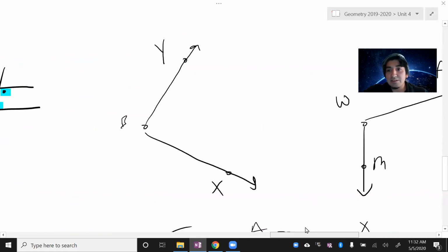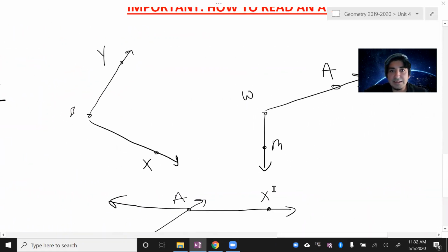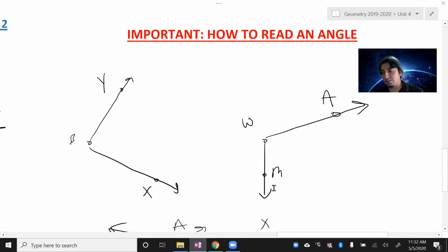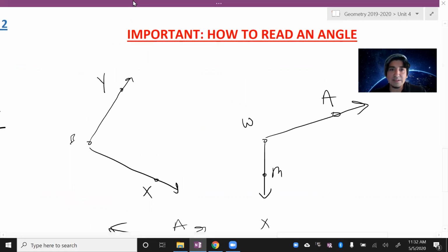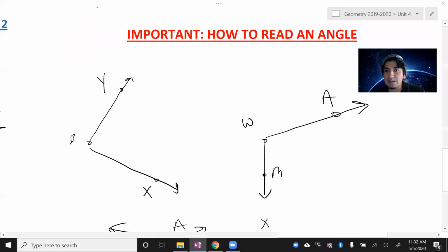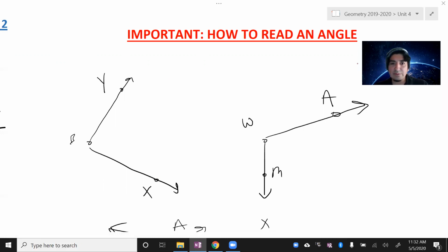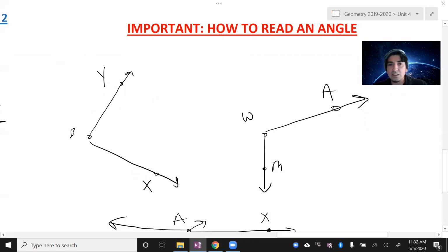Now, the one thing I do want to clarify is how to read an angle. Sometimes when you're given these types of problems, you have to identify which parts you're looking at. Think of it as walking down a tightrope, and you cannot jump off of it.